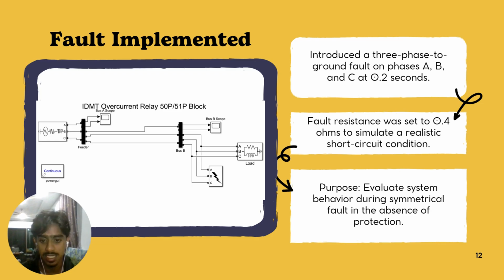The fault resistance is set at 0.4 ohms. We want to simulate a realistic short circuit condition, and the purpose of this circuit is to evaluate the system behavior during the symmetrical fault in the absence of a protection scheme.